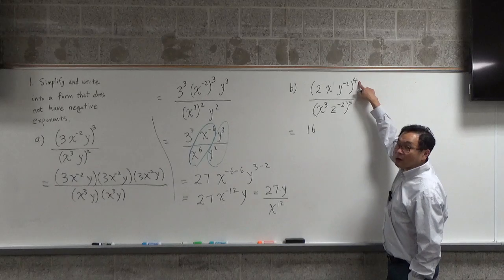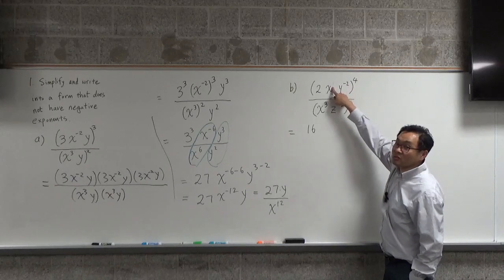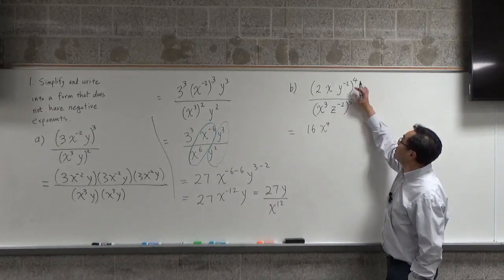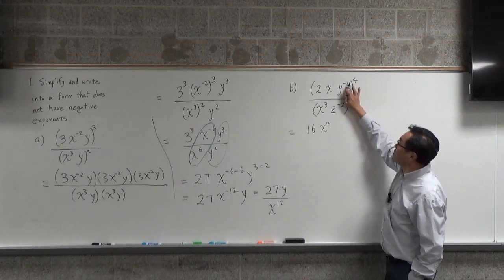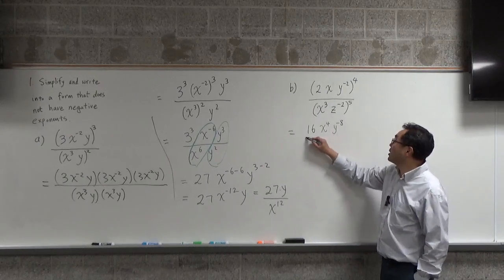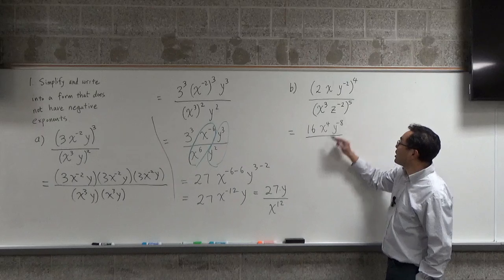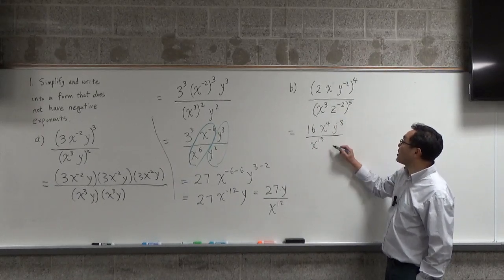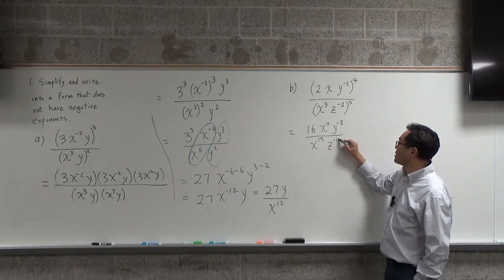Because you have a number outside the parentheses and a number inside, 4 times 1 is what you get, so you get x to the fourth. And then here, 4 times negative 2 gives you y to the negative eighth. And then you have 3 times 5, which is the 15th power, and negative 2 times 5, which is the negative 10th power.